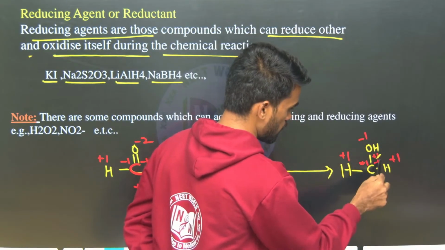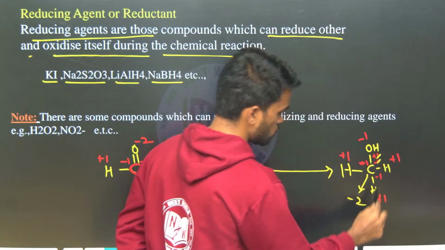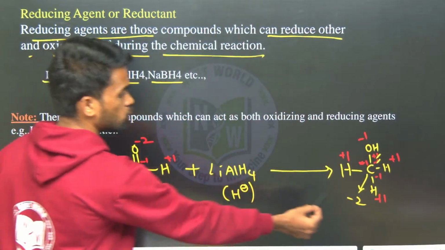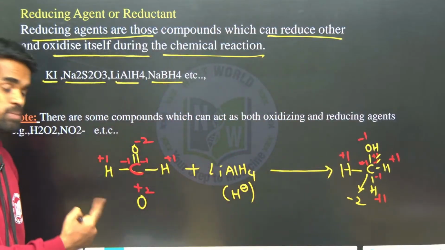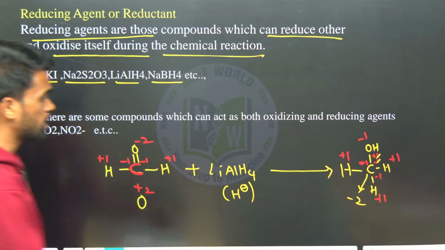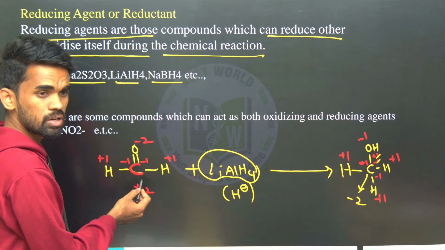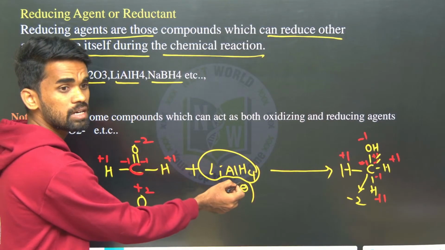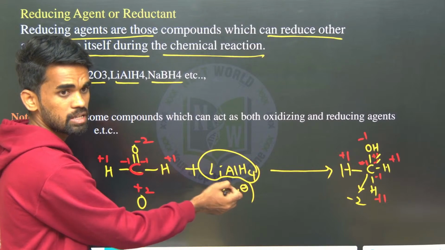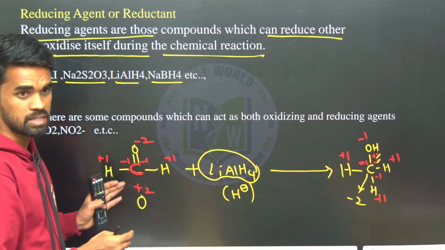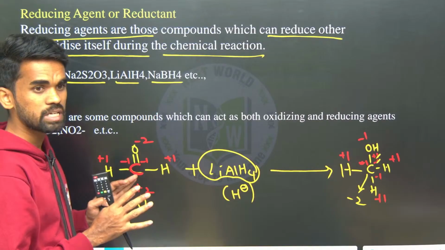If these two numbers cancel, it becomes -2. So 0 is converting into -2. What is this transformation? Reduction. This species is making it undergo reduction, so this species is called a reducing agent. The species which reduces others is considered a reducing agent.